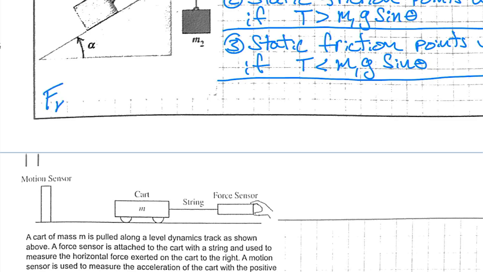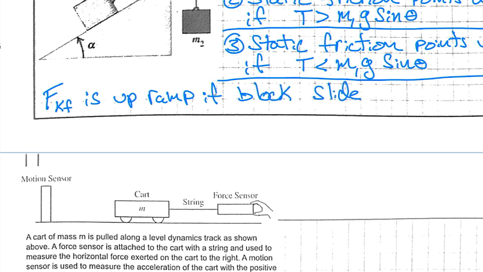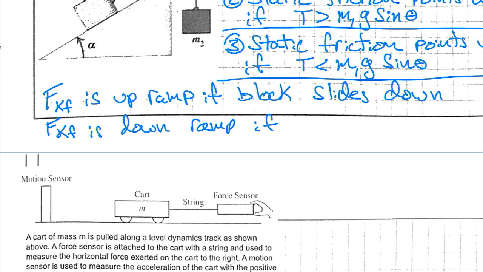The force of kinetic friction is up ramp if the block slides down, and the force of kinetic friction is down the ramp if m1 slides up.